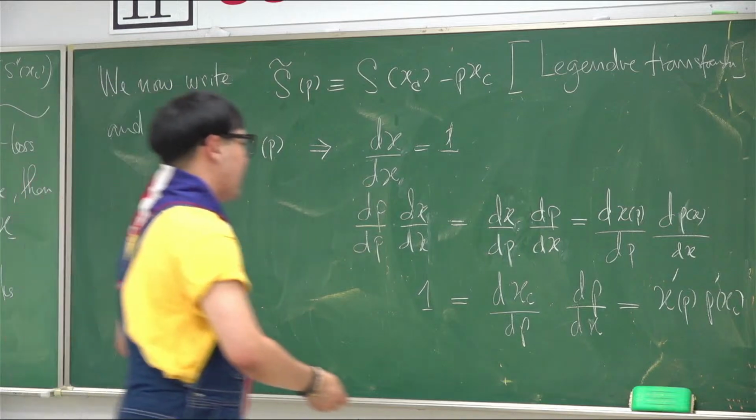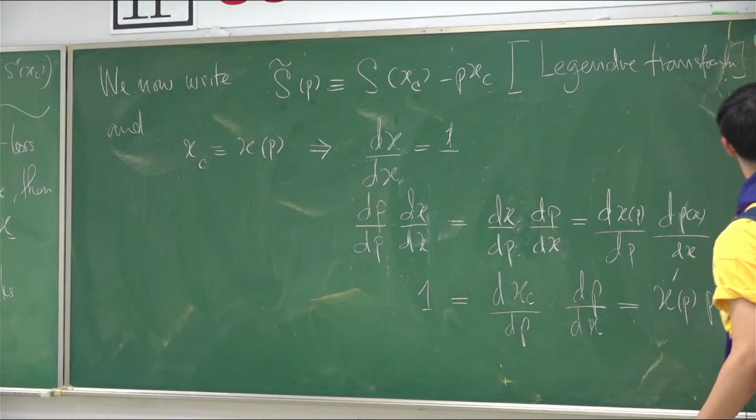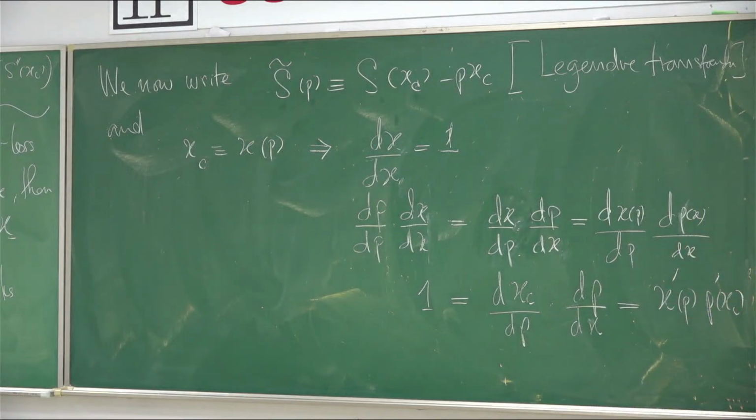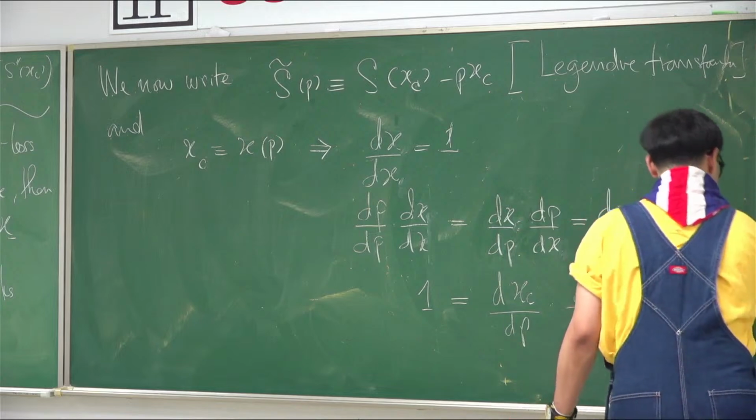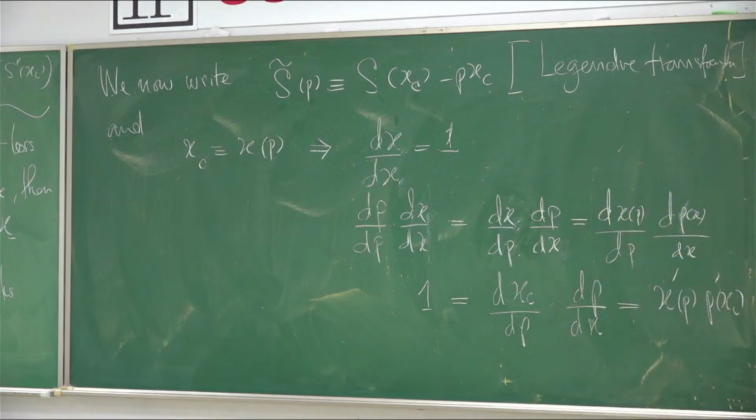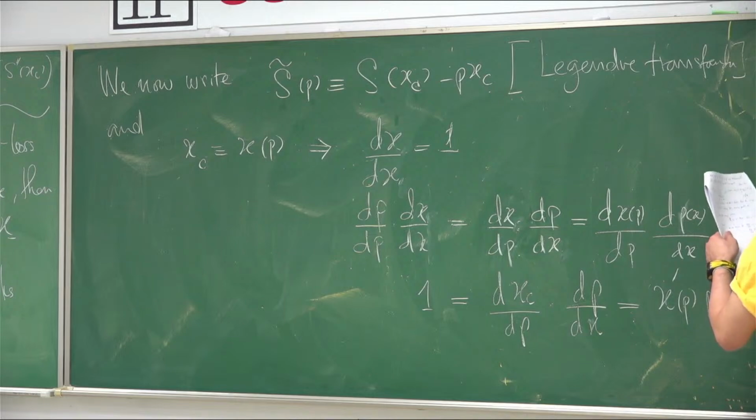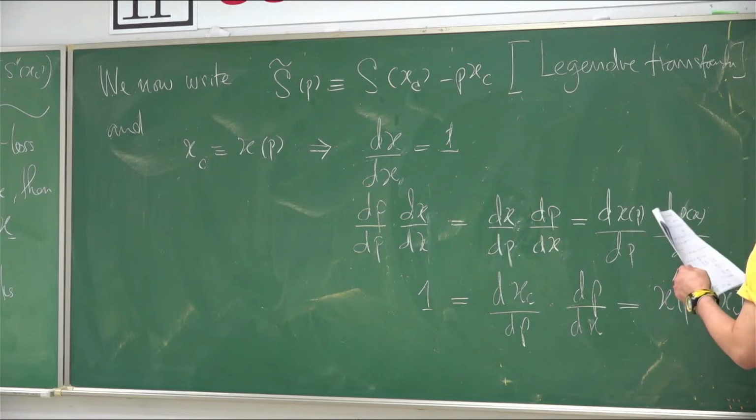Okay, and this is a bit cheating, but why not? There's nothing wrong here. We can do the math. We can follow the math, and we consider the second derivative with respect to p.